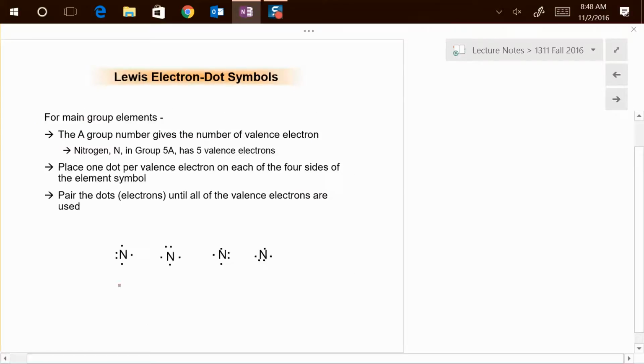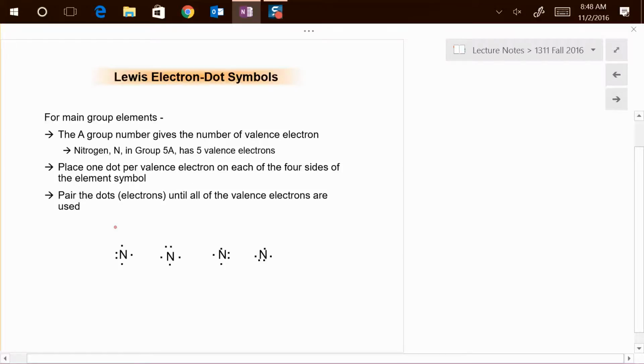So here you have nitrogen, and you can see it's drawn in different ways. It's fine either way. What you're representing is 1, 2, 3, 4, 5 valence electrons on nitrogen. People always ask, do I have to have it in any particular spot? Not really. You just need to show those 5 valence electrons on a nitrogen.